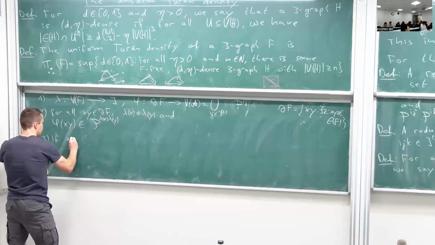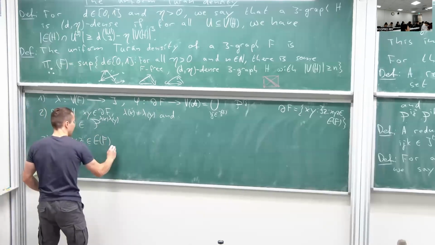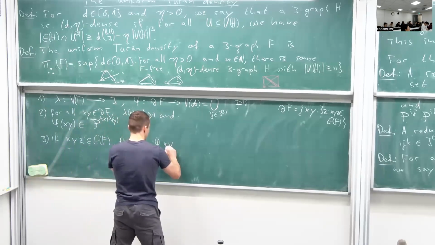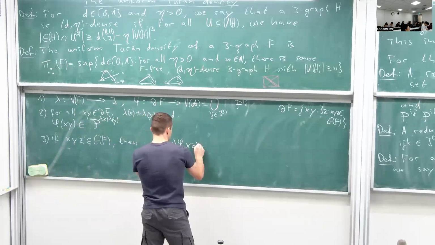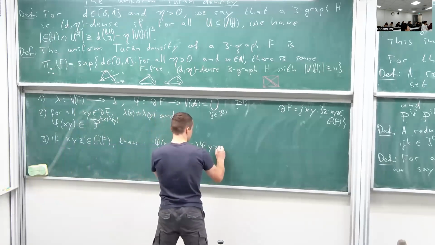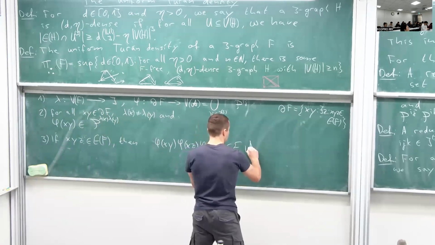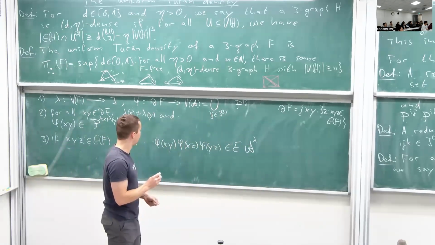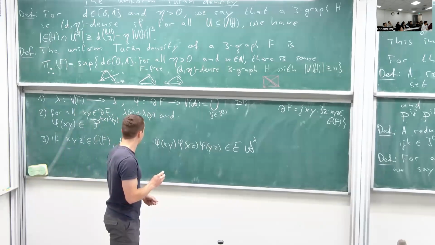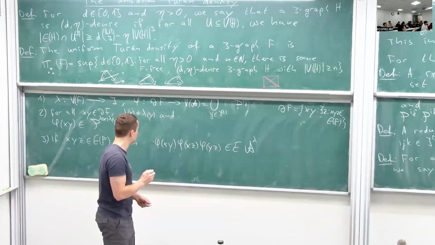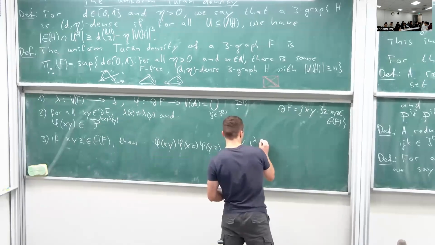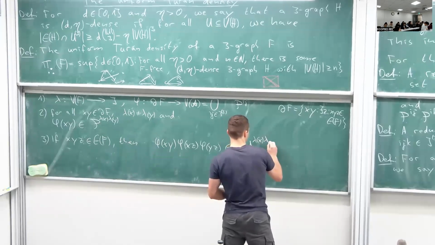So if x, y, z is an edge in F, then phi x, y, phi x, z, phi y, z should be an edge in A.